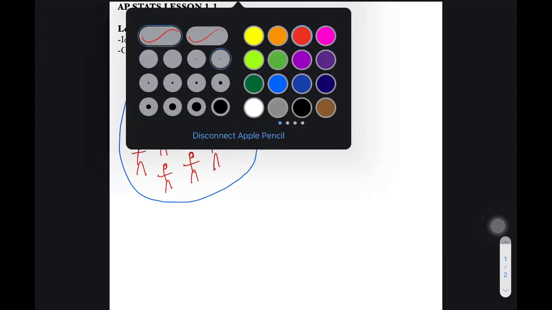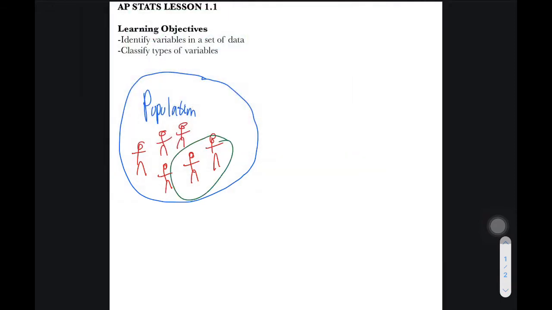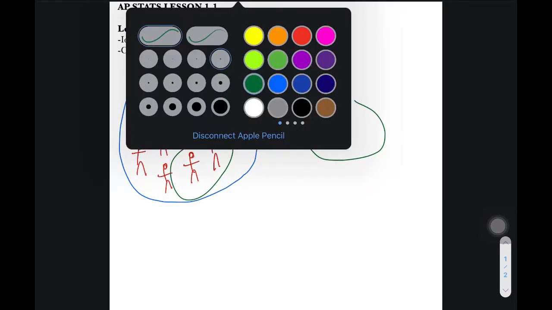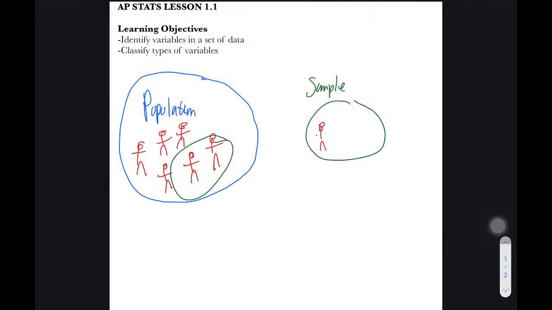So what do you do? You take something that's called a sample. A sample is just a smaller piece of your population. All right? Sample, small piece of the population. And ideally, if you took a good sample, it would be pretty representative of your entire population.